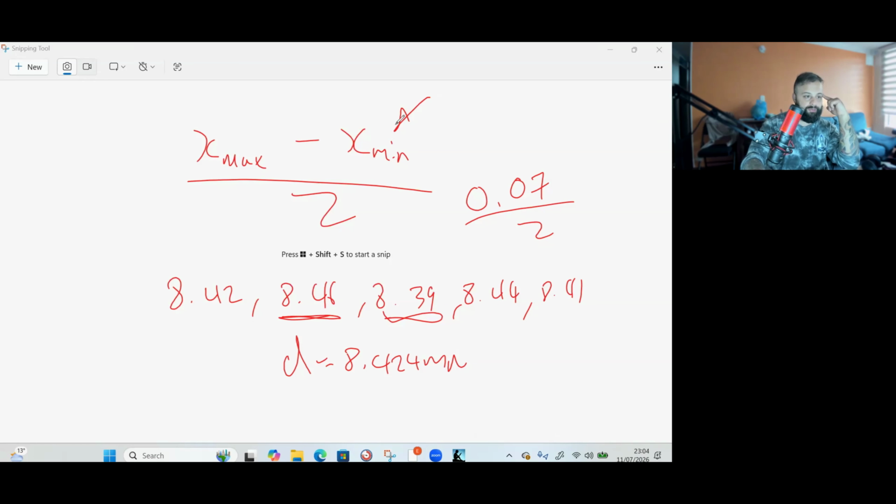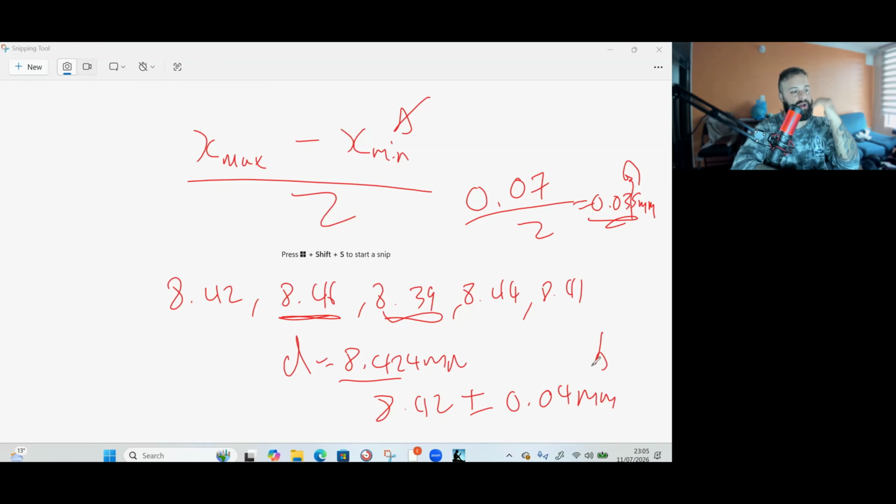So I use this formula to work out the uncertainty, which is 0.035 millimeters. Now, if I round the mean to 3 significant figures, I get 8.42, and I have to round the uncertainty to 3 significant figures as well. So round it up, it's 0.04. So this is the answer.